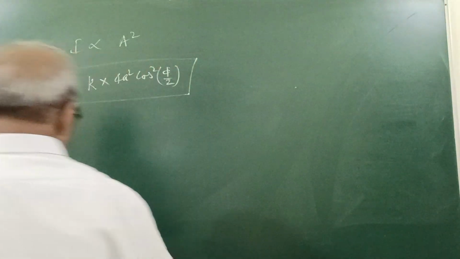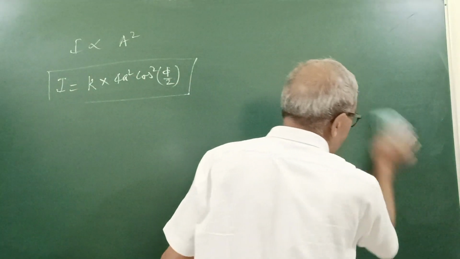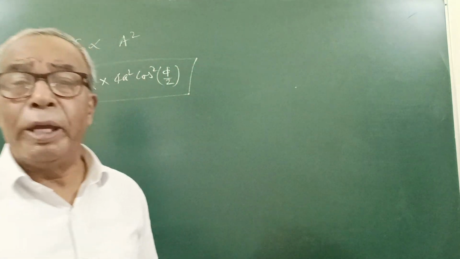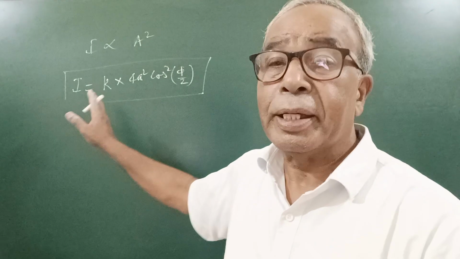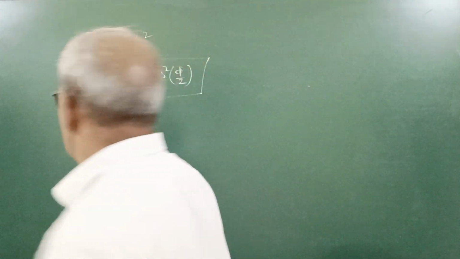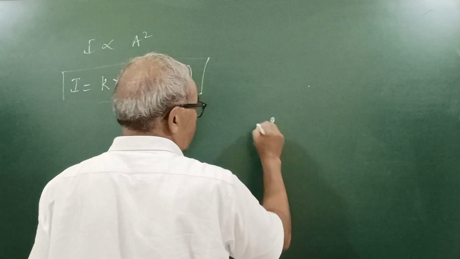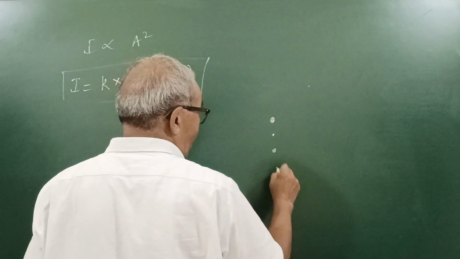Now I come to an important point of interference of light waves. I told that when two waves of the same frequency and nearly the same amplitude, here I have taken the same amplitude. So now I take two sources of light, S1, S2, which are emitting light of wavelength lambda in the same phase.